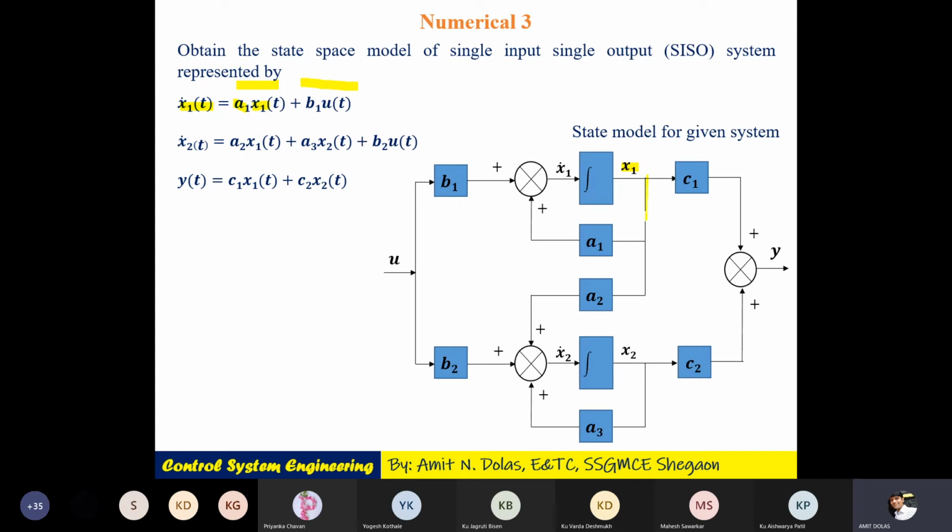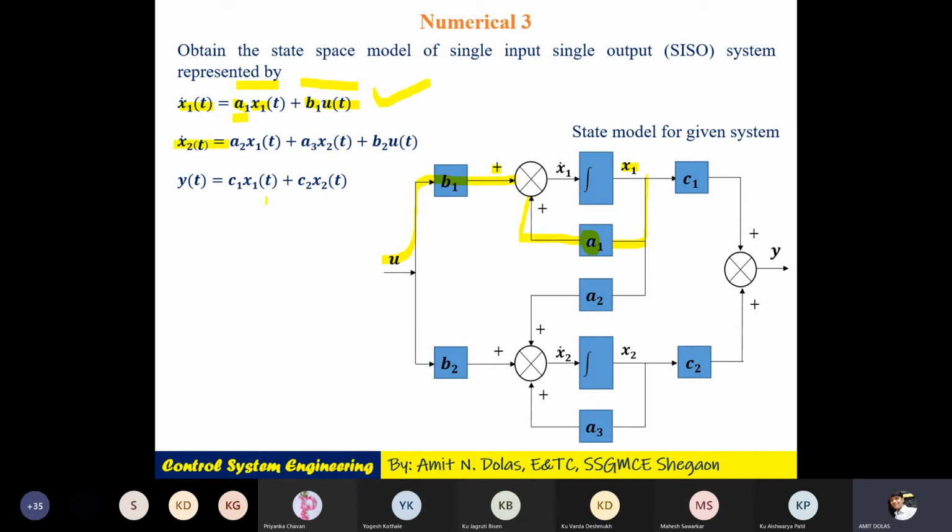So x1 से एक line लिया है, passes through element a1 and again ended to the summing block with plus sign, of course. What is another? Another is u of t passing through b1 element. This is u of t से एक line लिया है, passing through b1 element and added to the block with plus sign. हो गया ये equation.